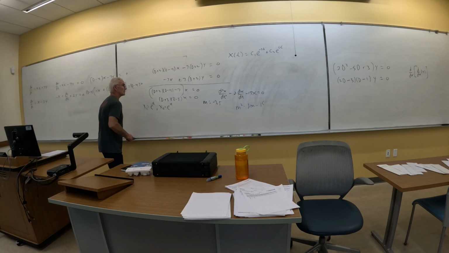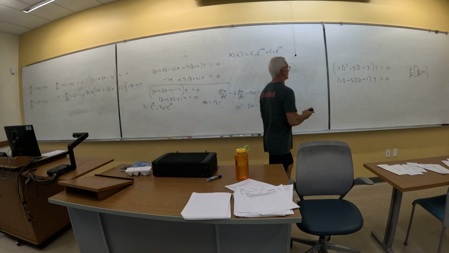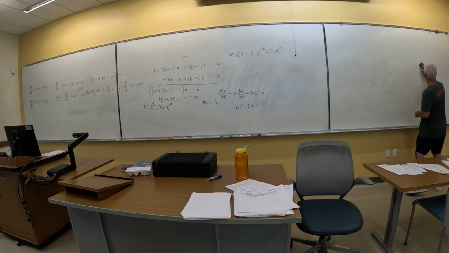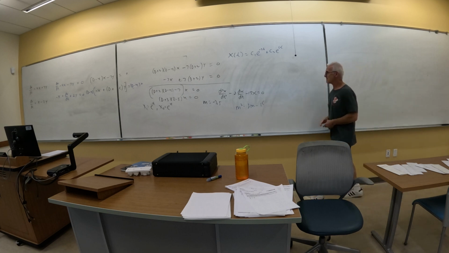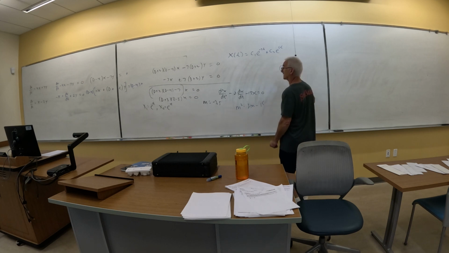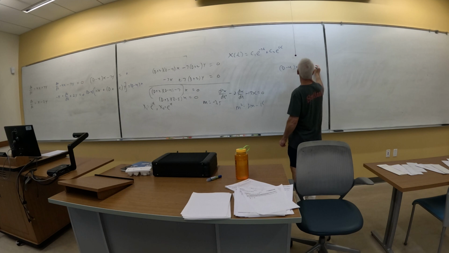So when I rewrite that, I'd have D minus 4 x minus 7y equals 0.